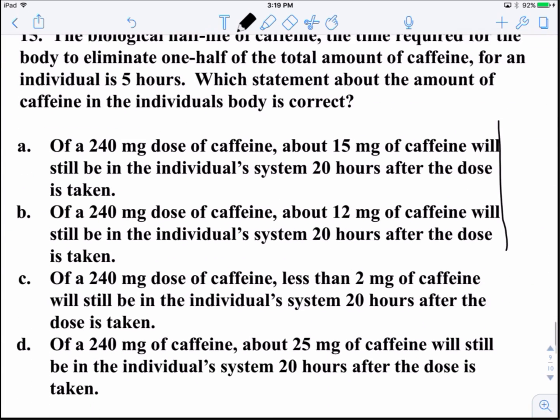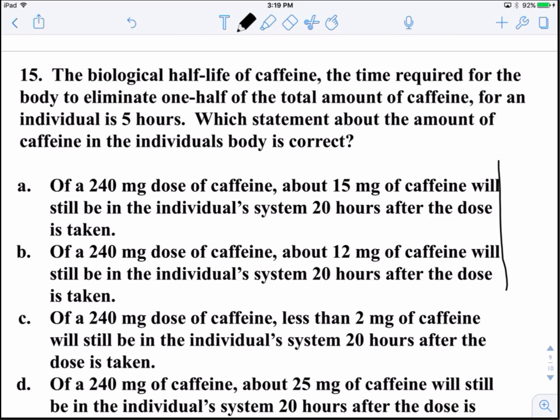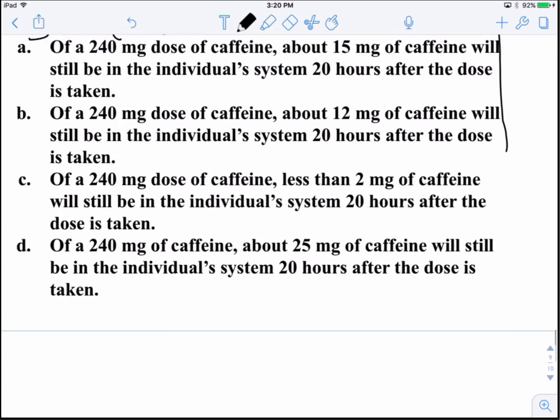And for number 15, the biological half-life of caffeine, the time required for the body to eliminate 1/2 of the total amount of caffeine for an individual, is 5 hours. Which statement about the amount of caffeine in the individual's body is correct? So the equation we can have is y equals a, the half-life is 0.5, and for every half-life, so x over 5. Let me move this up so I have room on the back.